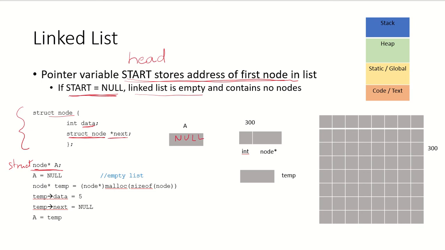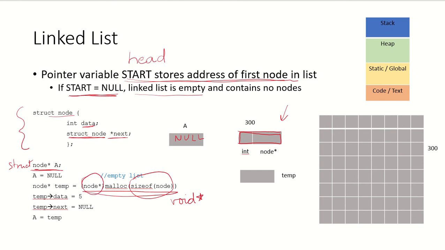If we want to add a new node, we will create a new node by doing a dynamic memory allocation, and it would be the size of a node. The malloc command returns a void pointer. However, this is a node type and we want the pointer to be of node type.